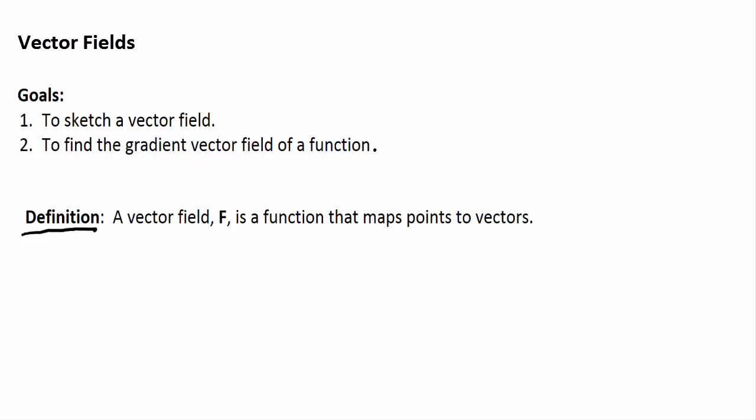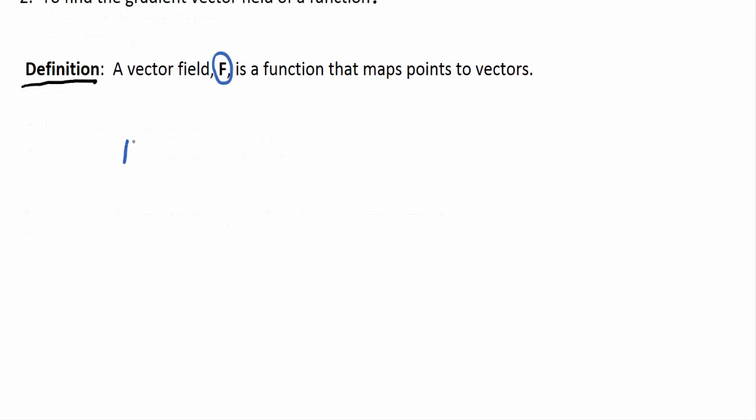So what would that look like symbolically? We could say F of x, y, two ways to say it. If we're mapping a point in R2 to a vector in R2, then the input would be just x and y. And we could think of the i component as a function of x and y.